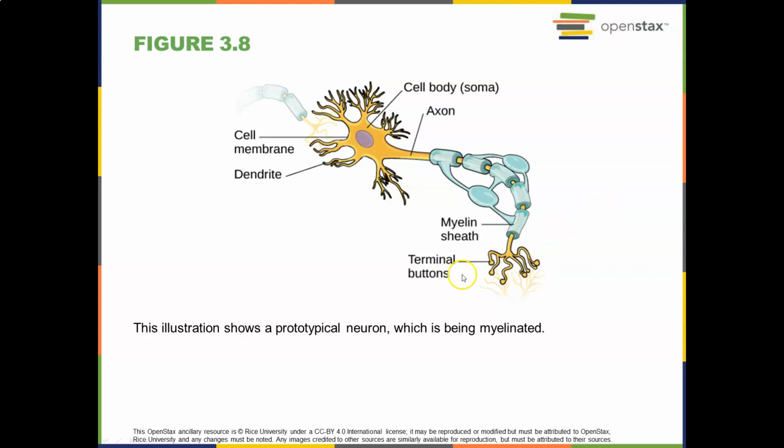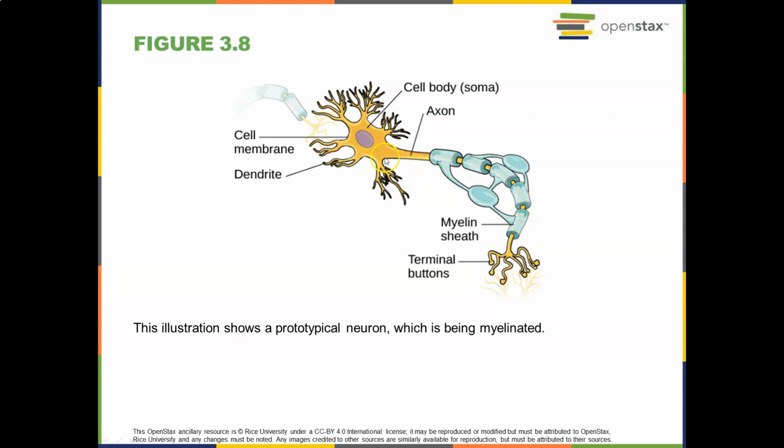Okay, now right here, you'll notice this word called myelin, and the myelin sheath. So around the axon, there are these little nodules right here. Those are called the myelin sheath, and those are a fatty substance. The more electricity that shoots through these, it actually triggers the buildup of this myelin.